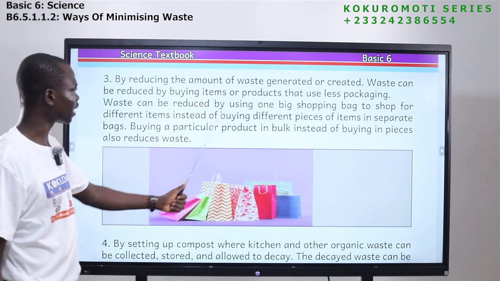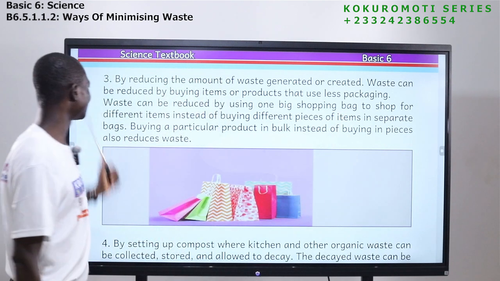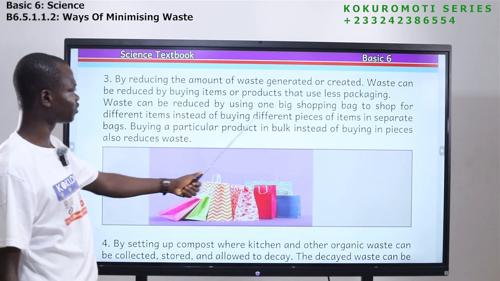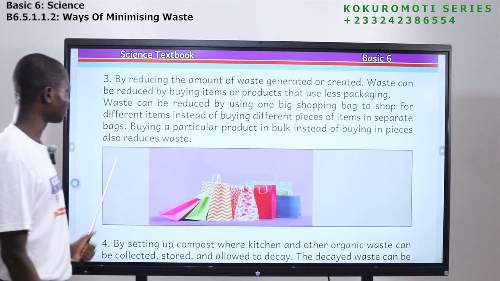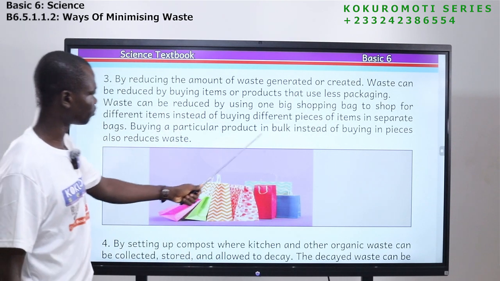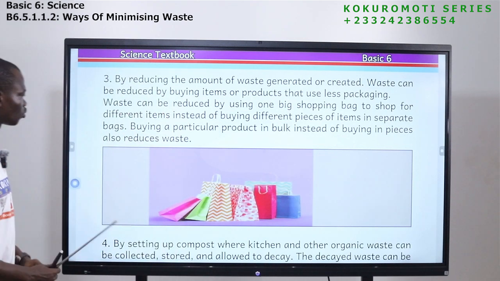Waste can be reduced by using one big shopping bag to shop for different items instead of buying different pieces of items in separate bags. Buying a particular product in bulk instead of buying in pieces also reduces waste.